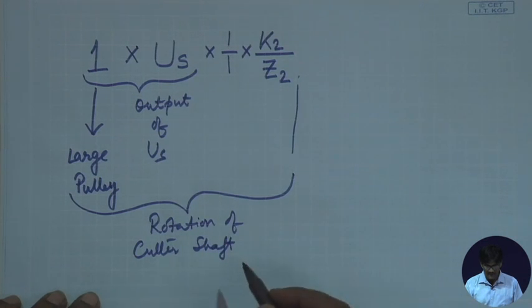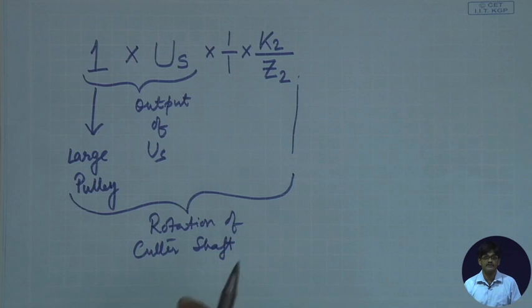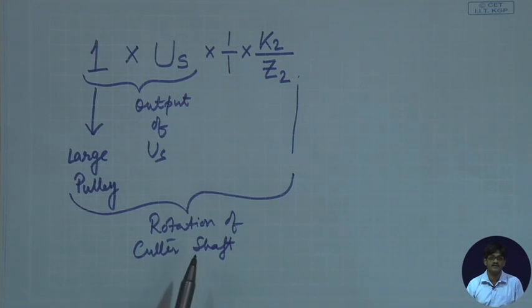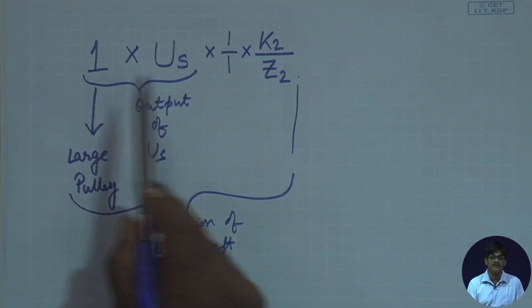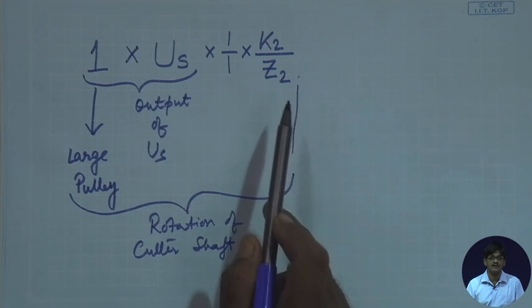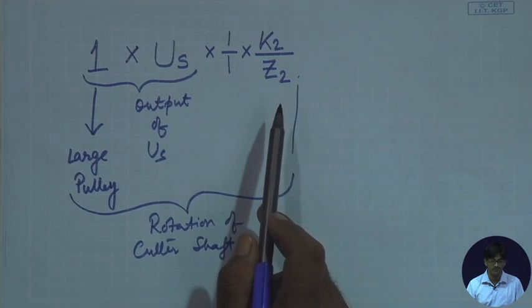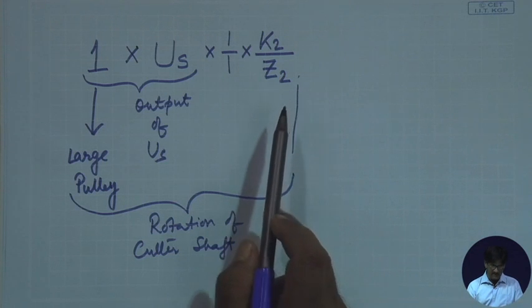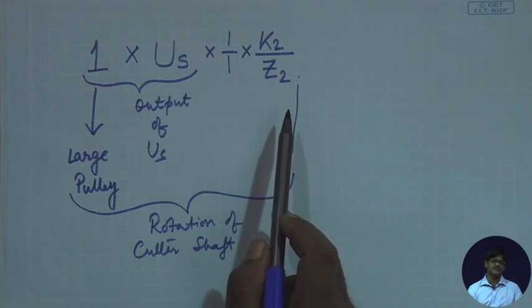However, cutter shaft rotation is not specified in any manner, but cutter circumferential movement is specified. So, let us find out for these many rotations how much is the cutter circumferential movement. What is the cutter circumferential movement for one rotation of the cutter?